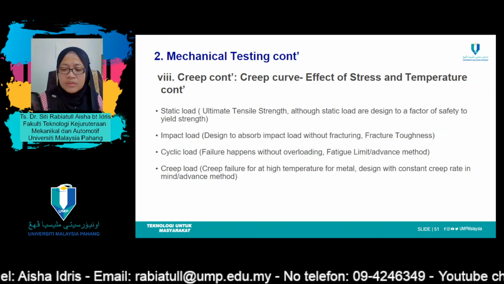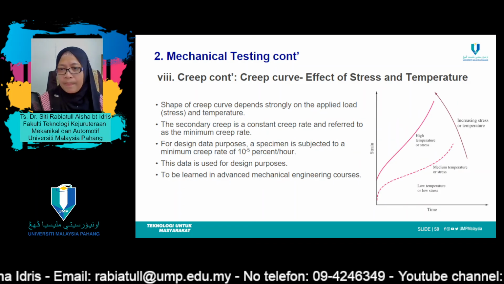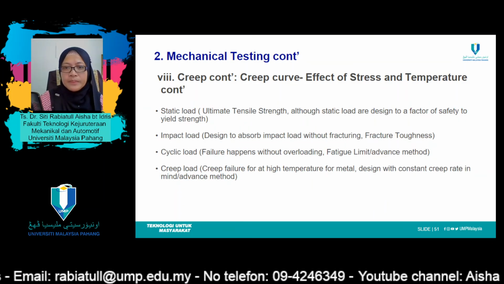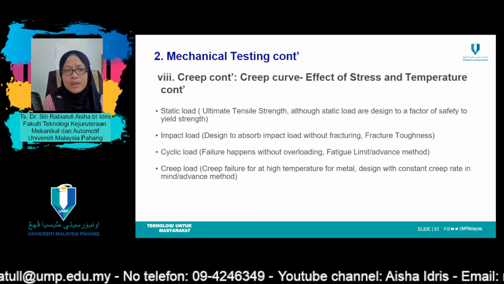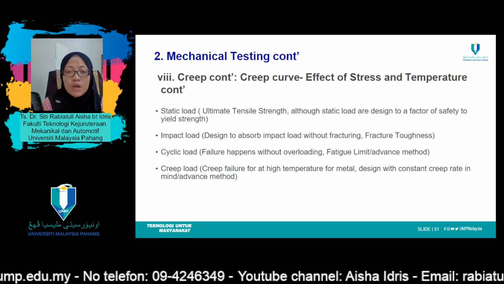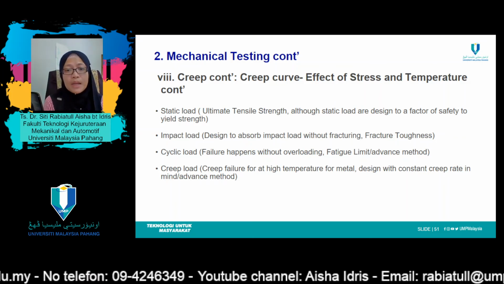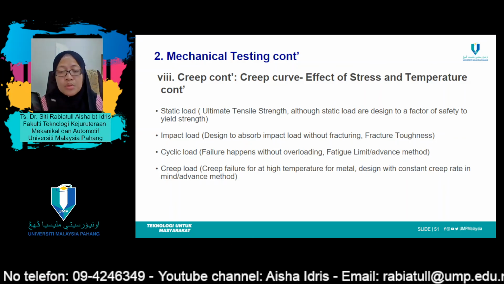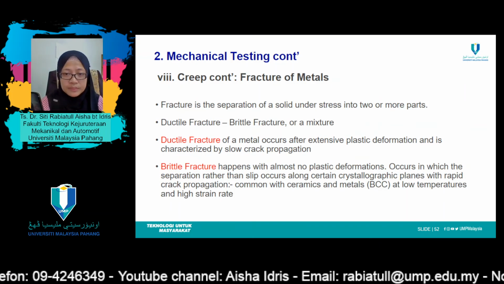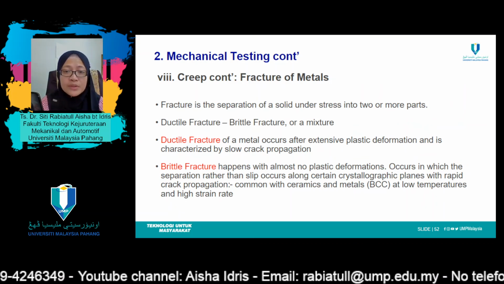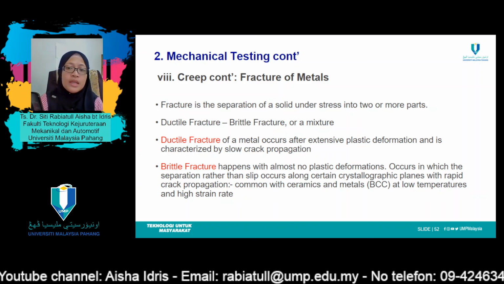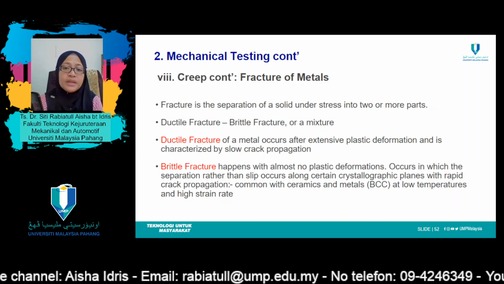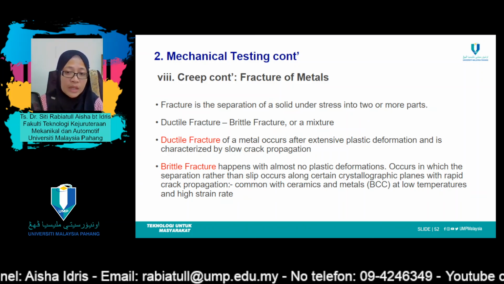Creep curve. Well, loads that may occur in a creep curve include static load, impact load, cyclic load, and also creep load. As for fracture due to creep, we can find whether it is brittle, ductile, or a mixture of ductile and brittle.